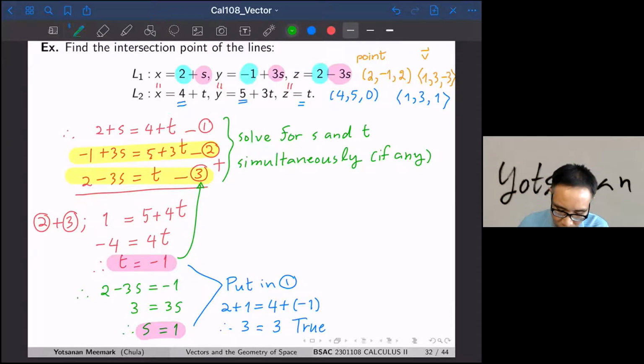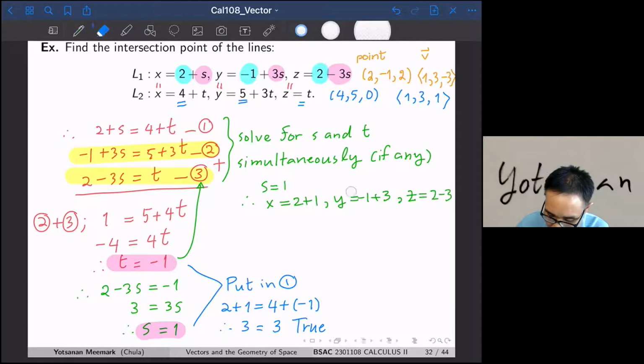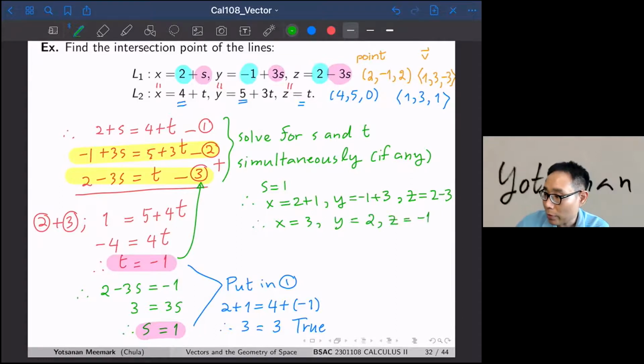So with s equal to 1, you have x equal to 2 plus 1, y equal to negative 1 plus 3, and z equal to 2 minus 3. So in this case, you have x equal to 3, y equal to 2, and z equal to negative 1.